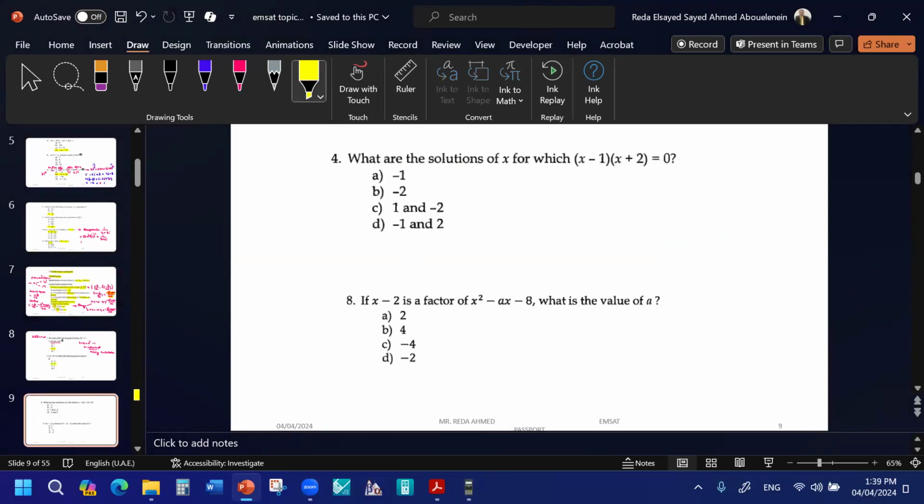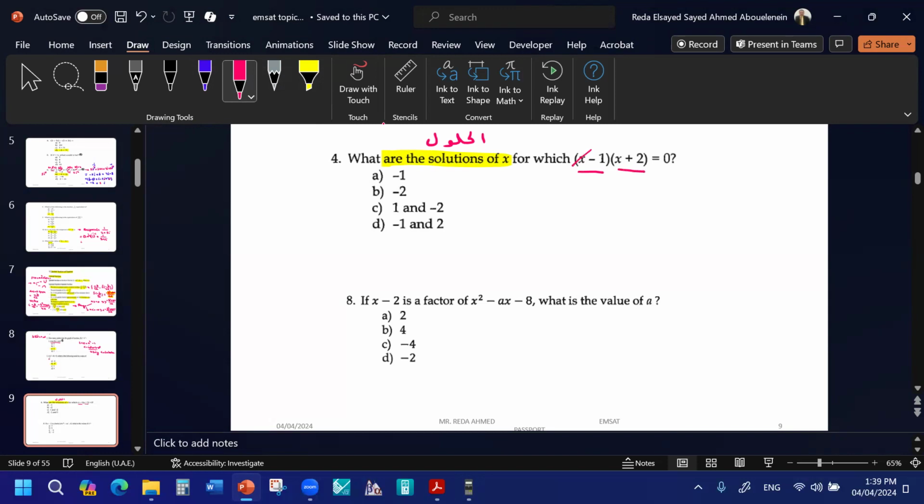Another question: what are the solutions of x? He asks about the solutions. So x minus 1 multiplied by x plus 2 equals 0.